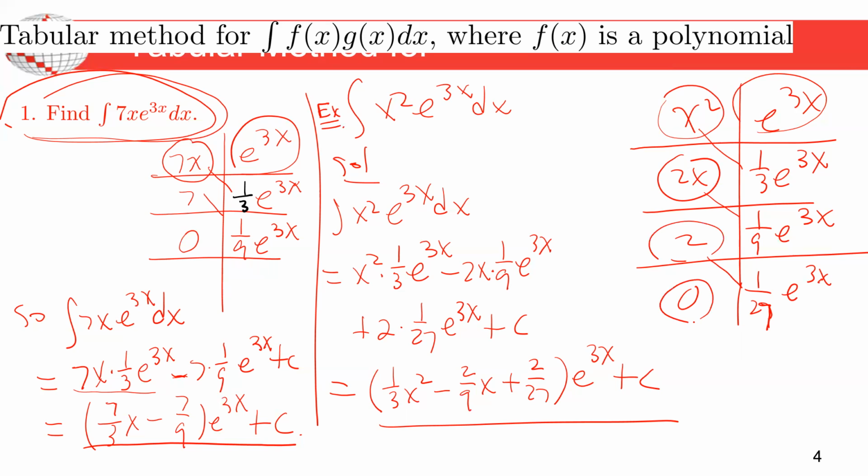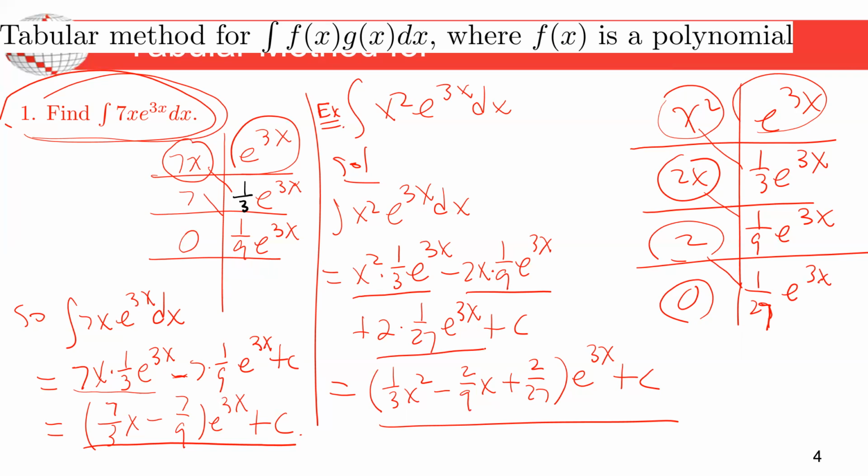And now we form the diagonal products. We get 3 products, right? The first one is x squared times 1/3 e to 3x. The second one is 2x times 1 over 9 e to 3x. And the third one is 2 times 1 over 27 e to 3x.